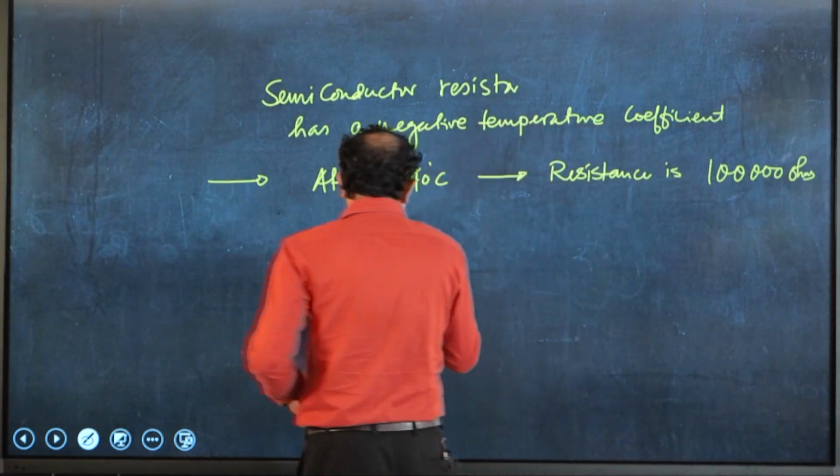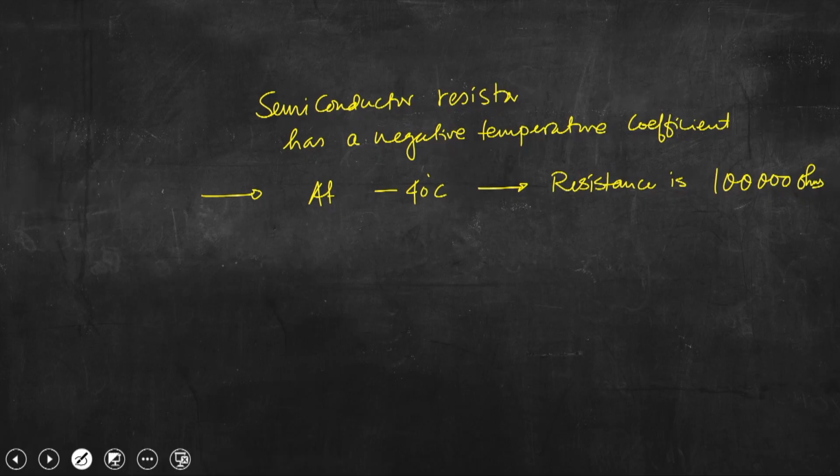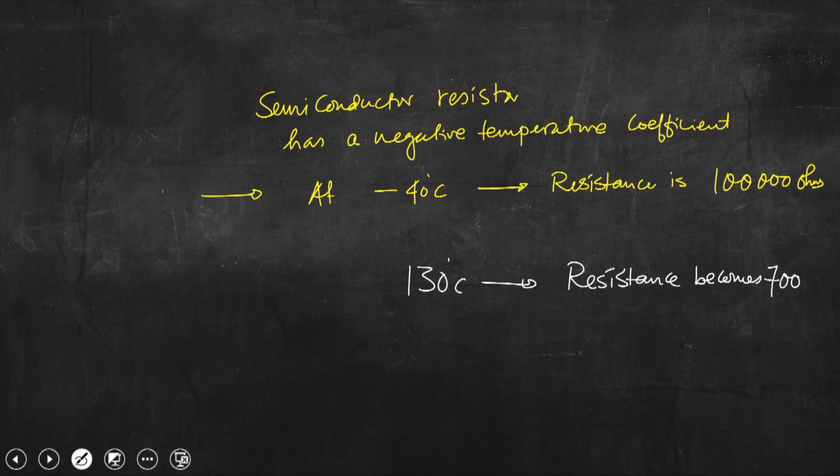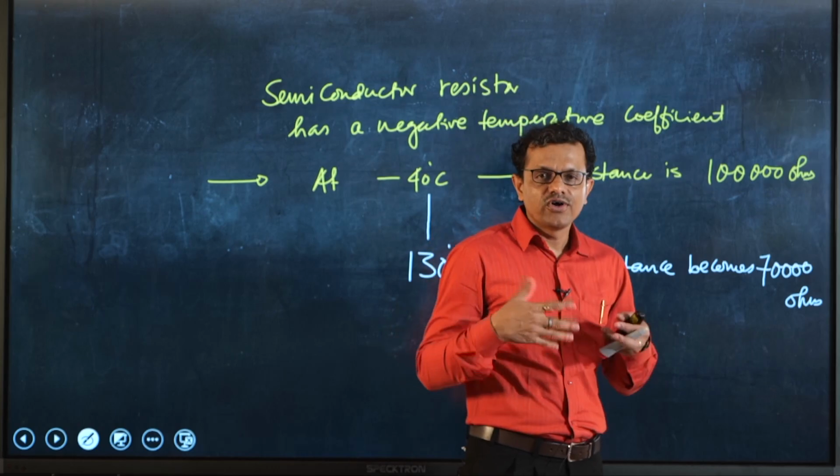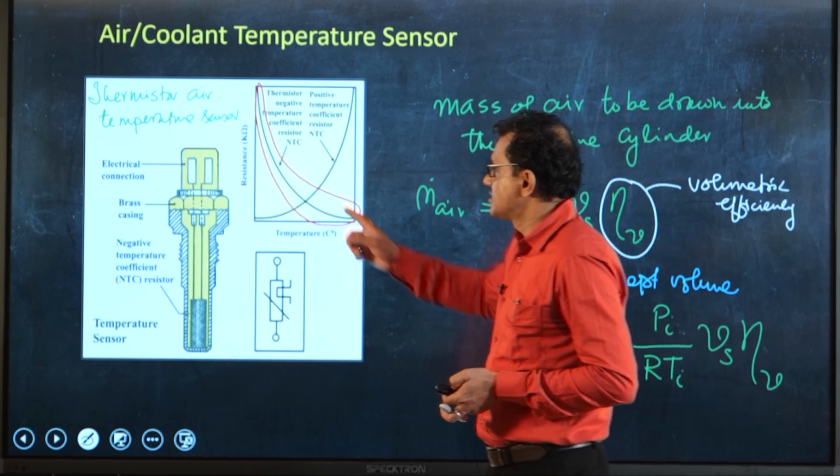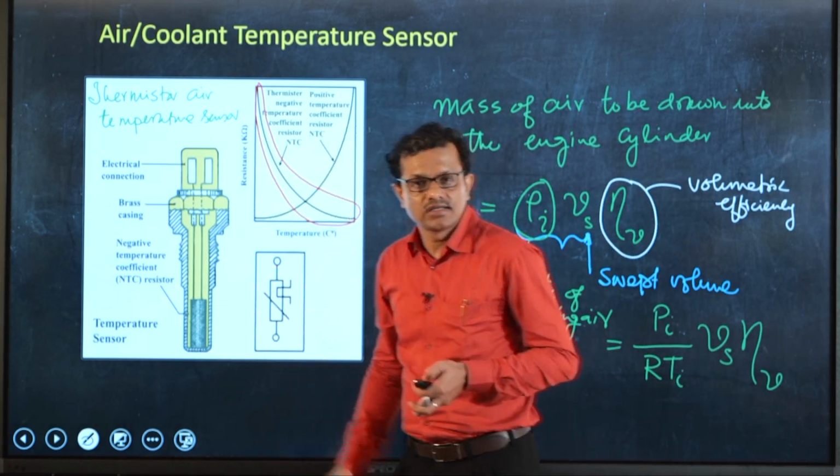So, this semiconductor resistor can work in the range when temperature is even 130 degrees Celsius, then resistance drops and becomes 70,000 ohms. So, you can see that this is the range of temperature for which this thermistor air temperature sensor can work.